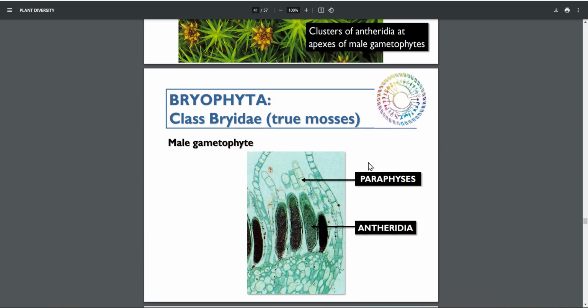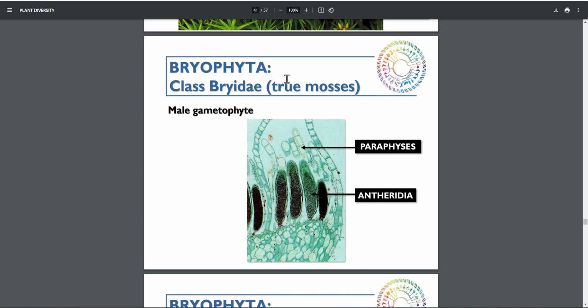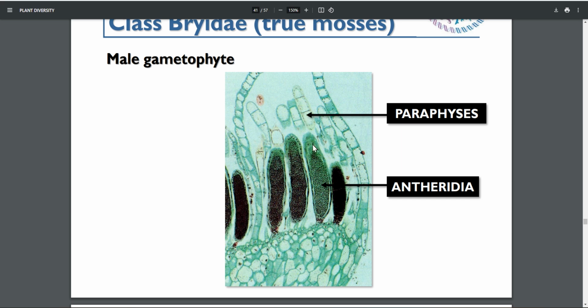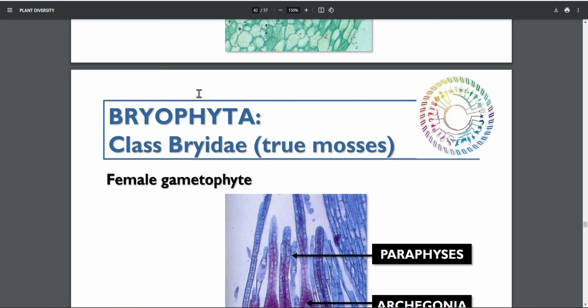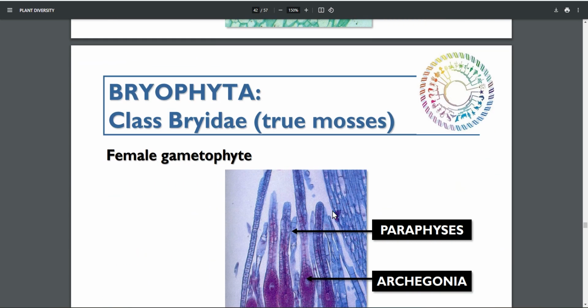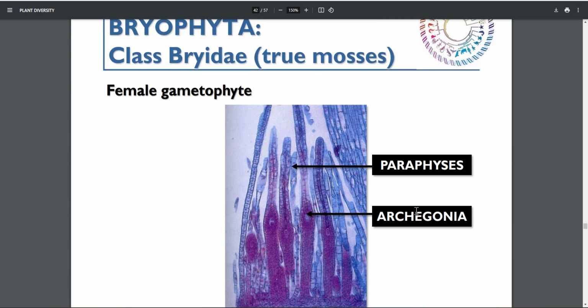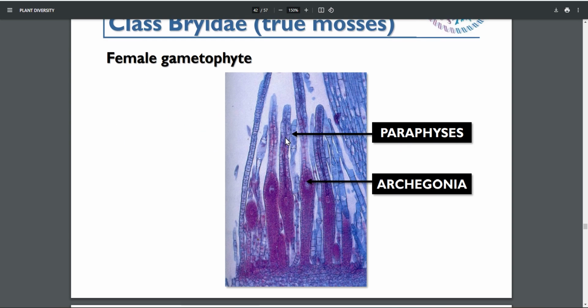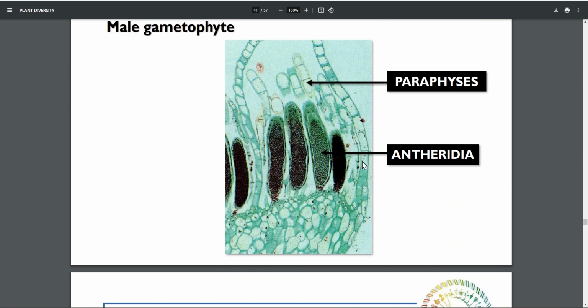So, a bit of the structures diagram. We have the paraphysis. The paraphysis is a sterile protection cell that protects the antheridia. It exists in both male and female gametophytes for true mosses. The archegonia again houses the egg, makes the egg, and then you can see the tube that allows the passage for the sperm to fuse with the egg.